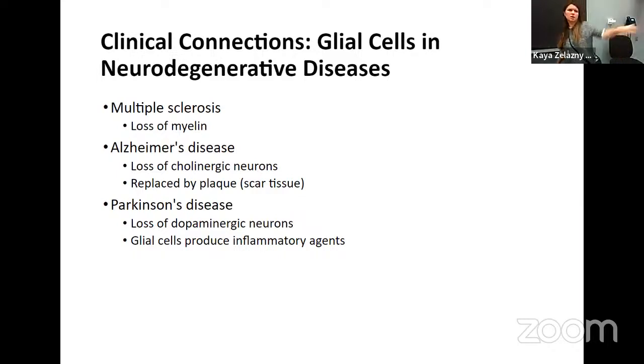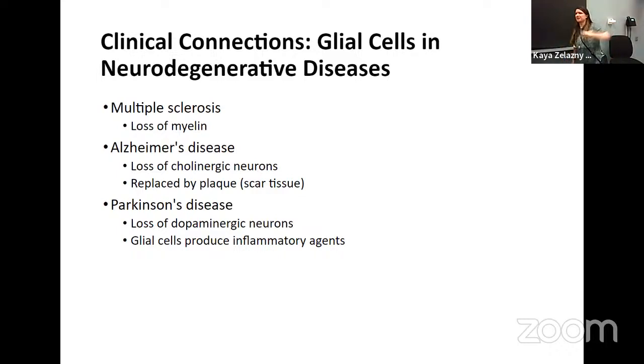Alzheimer's disease also involves plaque or scar tissue surrounding neurons, as well as loss of some specific types of neurons called cholinergic neurons. We'll learn about cholinergic later, but cholinergic refers to acetylcholine, which is one of our neurotransmitters.